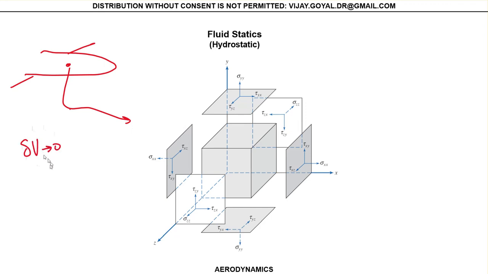When it tends to zero, this becomes a point. And these forces acting on this surface keep this body in balance. You can see that if I have sigma xx on this side, you have sigma xx on this side. These are the shear stresses, all the normal and shear stresses acting on my body.